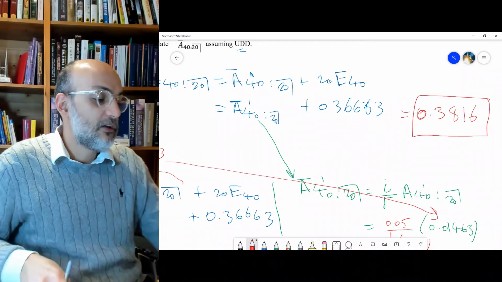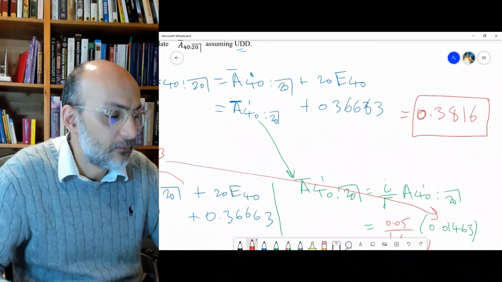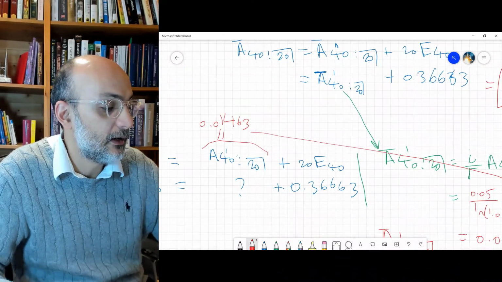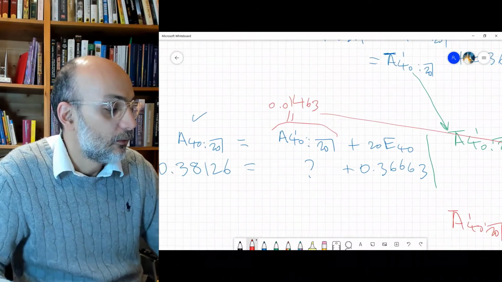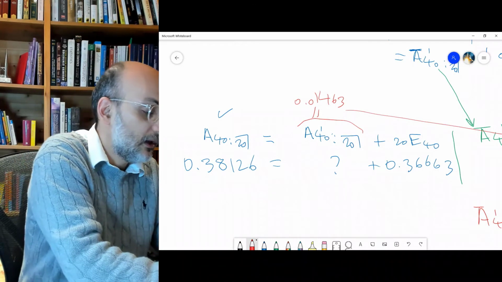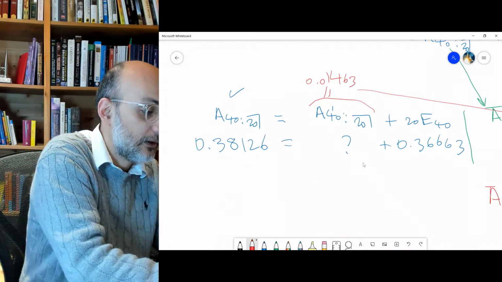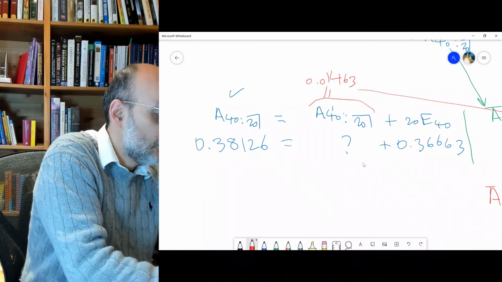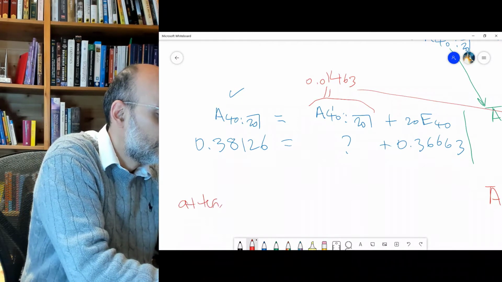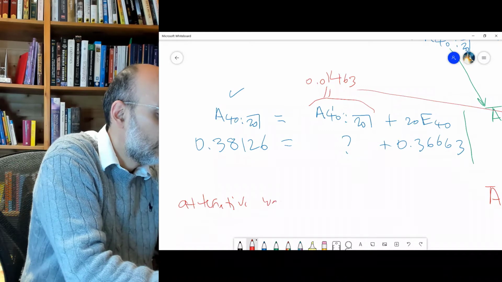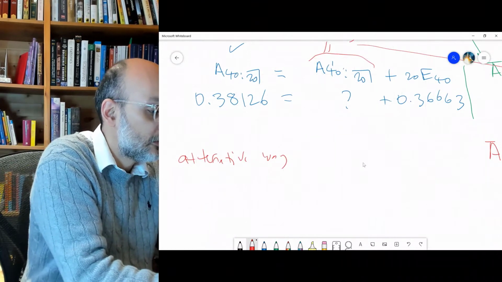And there, as I mentioned, there are different ways, you might get a little discrepancy while you are solving this one. What I did here, I calculated A40 this way, but you can also use an alternative way, and some of you did it that way, most of you actually.